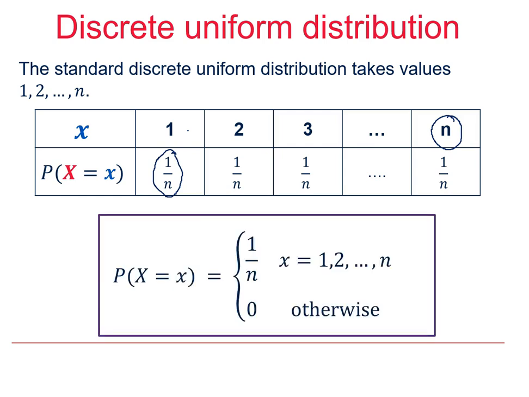And that can be summarized again more formally by writing the probability that x, our random variable, takes any particular value little x is 1/n for x taking an integer value between 1 and n, and the probability is 0 for any other value for x.